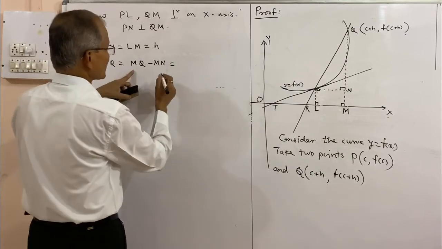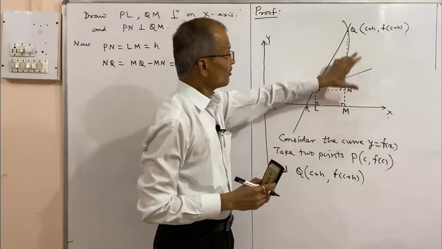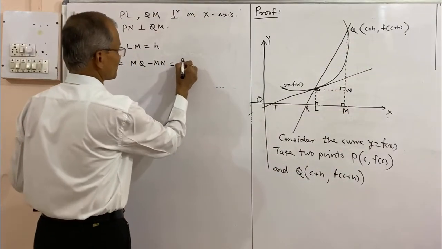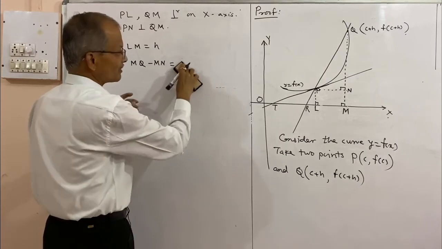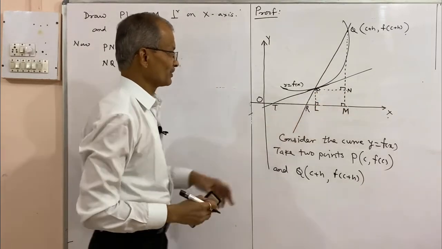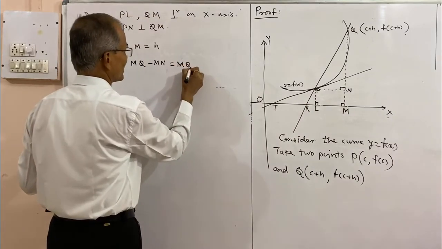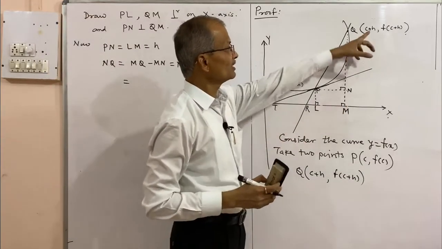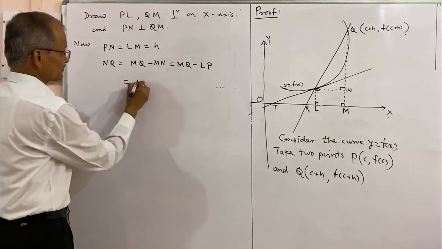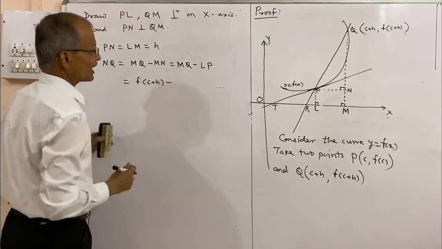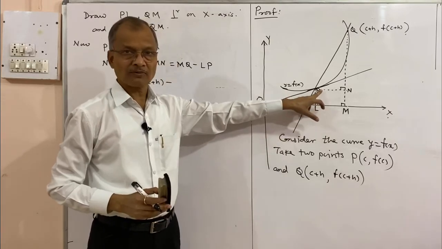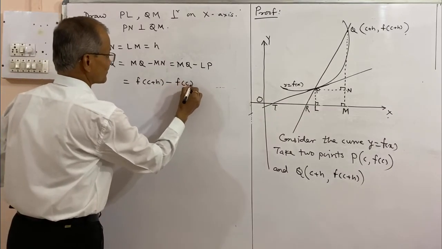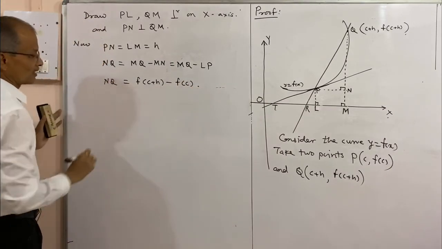And MQ means the total length from here, that is the y coordinate of Q, that is f of C plus H. And what is MN? MN is same as LP. So that is MQ minus LP. But you see, MQ is the y coordinate of Q, that is f of C plus H, and minus LP, LP is the y coordinate of P. And what is the y coordinate of P? F of C. So this is f of C. Thus we have this NQ.